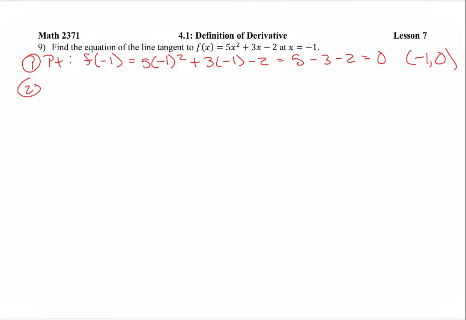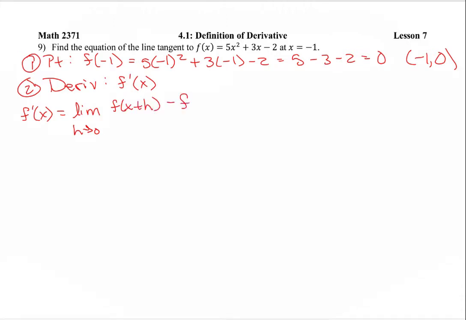Second, we need to find our derivative. So that means find f prime of x. So f prime of x equals the limit as h goes to 0 of f of x plus h minus f of x all over h.